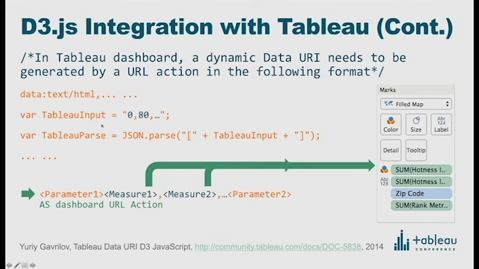You still need to treat the whole thing as a single string. However, in this case, you cut it into two strings along this variable, save these two parts into two individual parameters, and wrap up the measures you want to pass from Tableau to D3.